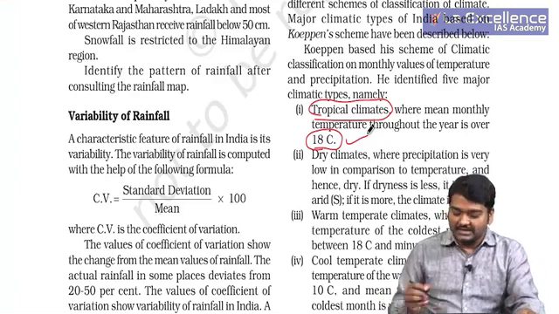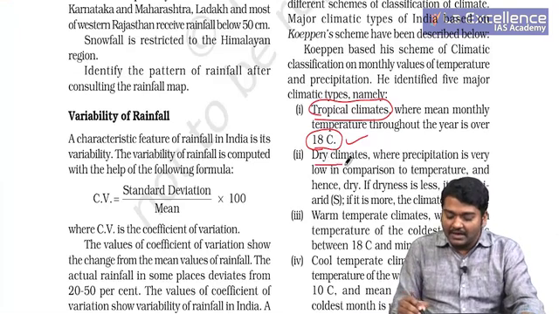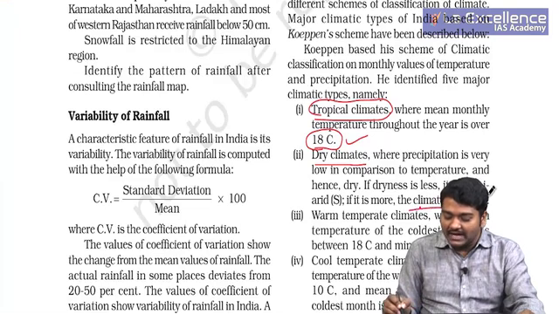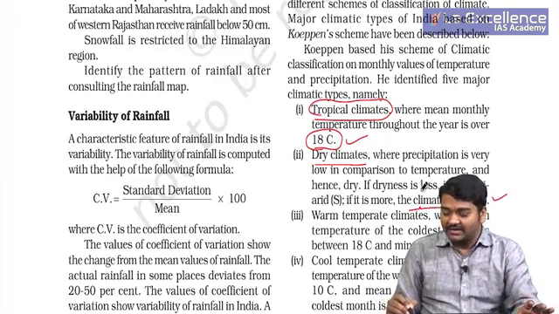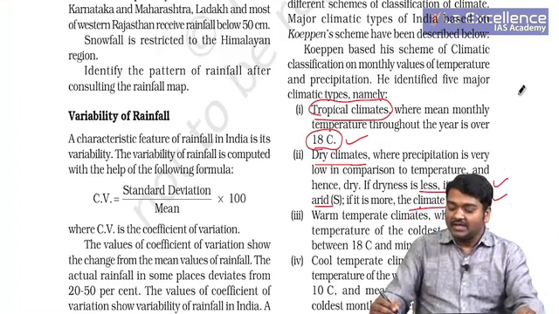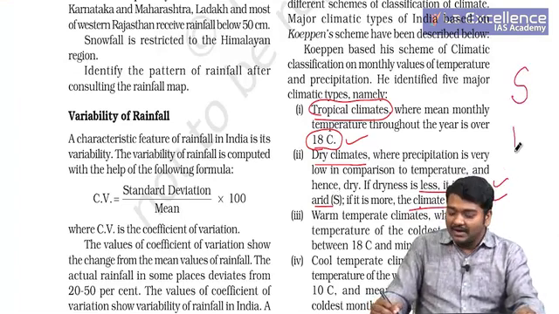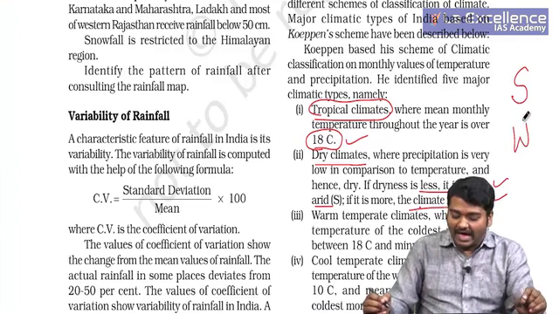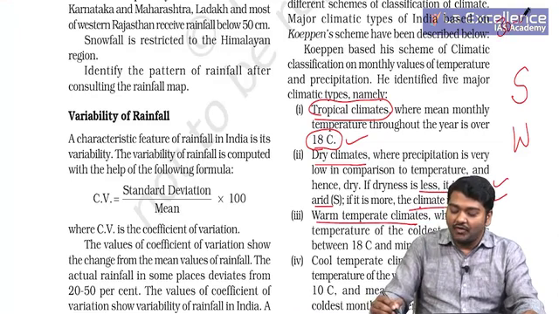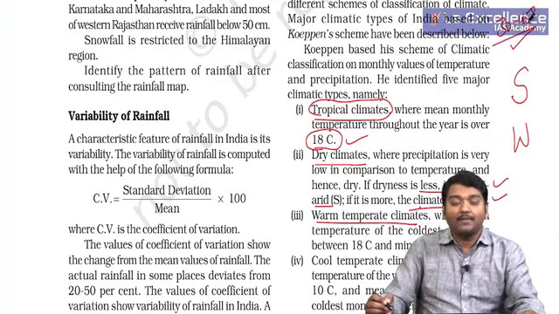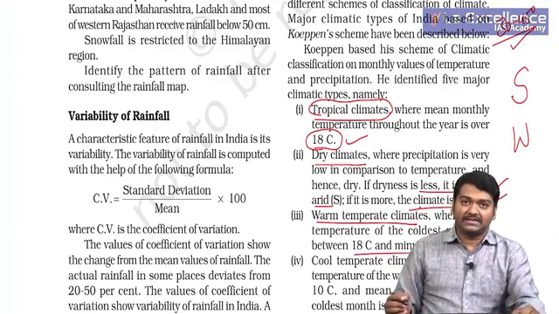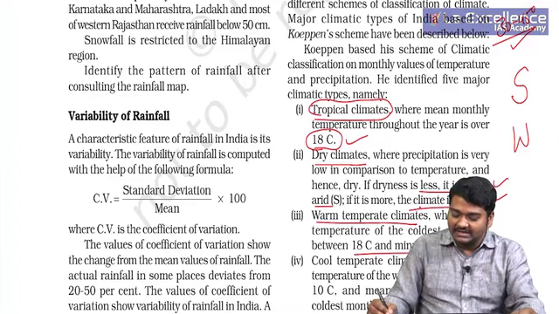Second important thing he says is with respect to dry climates. That is, if it is completely dry, he calls it arid. If it is less dry, that is, if rainfall is there at some point of time, we call it semi-arid. So he gives capital S for semi-arid, W for arid regions. Warm temperate region, where the temperature will be between 18 degrees Celsius and minus 3 degrees Celsius.